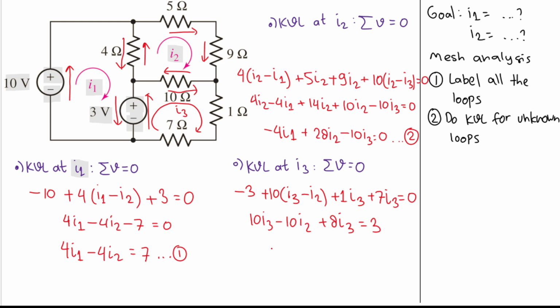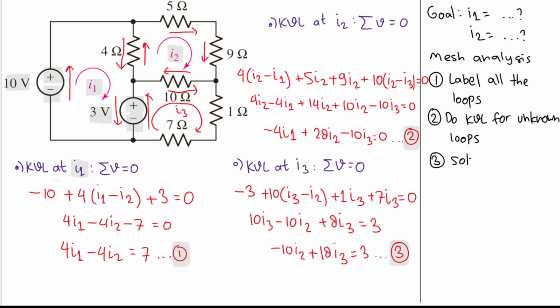And so we will have minus 10I2 plus 18I3, that will equal to 3. And now we have our third equation. Now we have 3 equations and 3 variables, I1, I2, and I3. All we need to do now is to solve the equation.